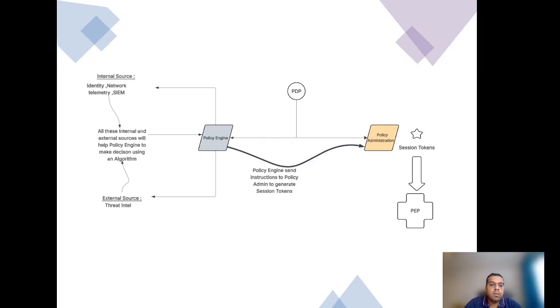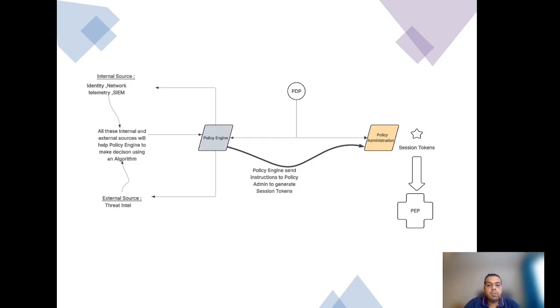All those feeds will be given to the policy engine, and all these internal and external sources will help the policy engine to make the decision using an internal trust algorithm.